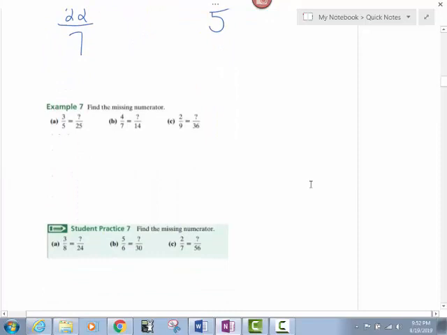So now let's take a look at these. It says find the missing numerator. Okay, these problems here, I like to call them stare and compare.